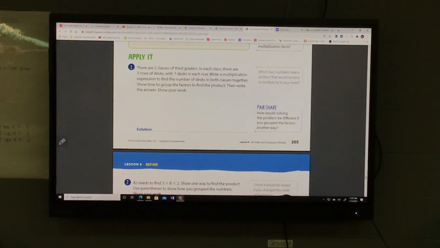Make sure you're doing all of those steps as you multiply. Don't stop partway through.